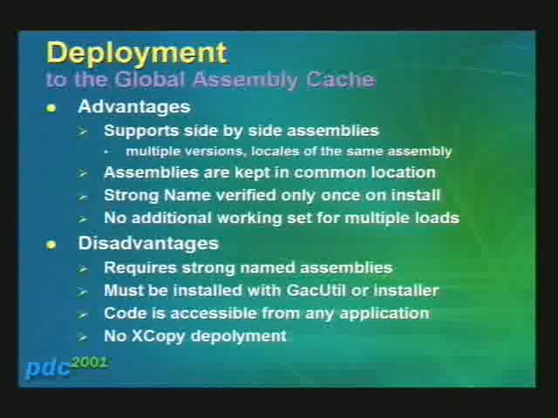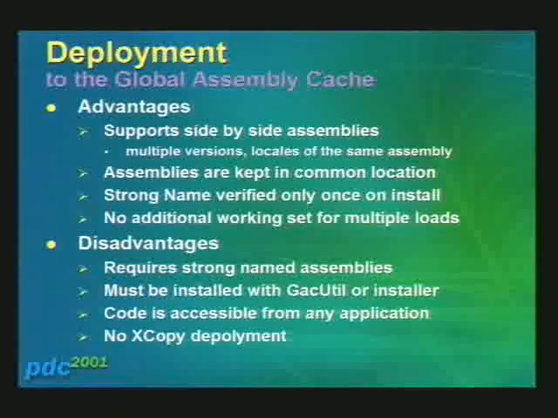And there's that additional working set that I was talking about: because all 10 applications, for example, that are referencing the same assembly are actually pointing to the same exact file out of the global assembly cache, there's no additional working set for loading these into memory n times. Each time you load it, it just gets memory mapped into a different address space, and it can be referenced by multiple applications without any additional overhead.